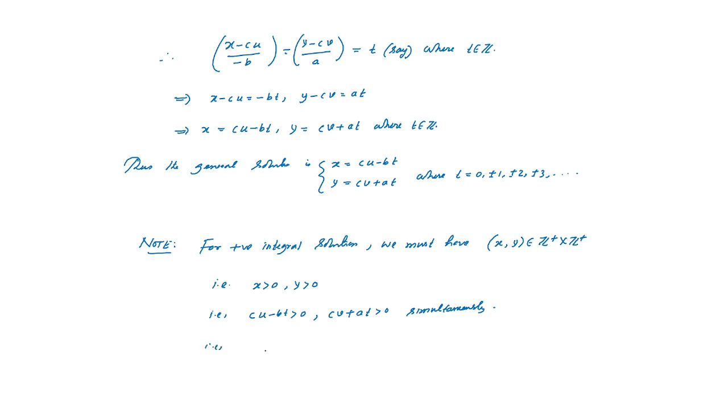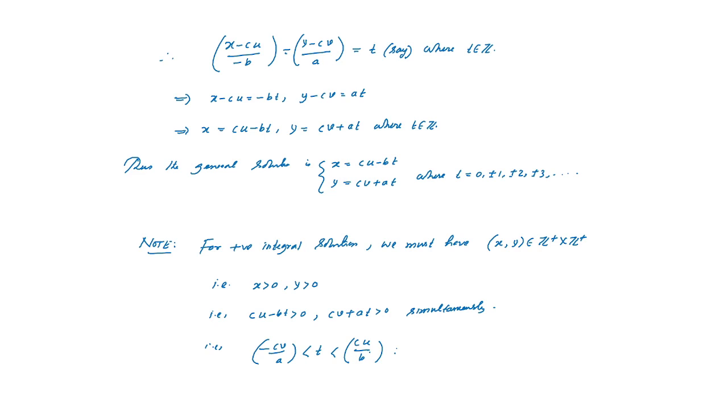So minus cv by a is less than t is less than cu by b. For a positive integral solution you must have this condition.